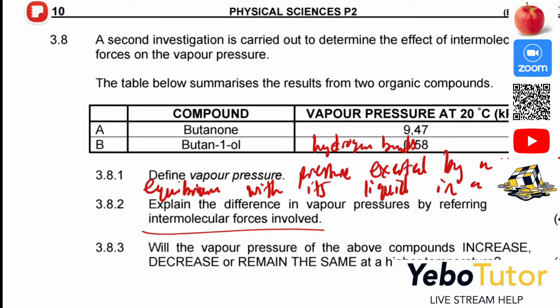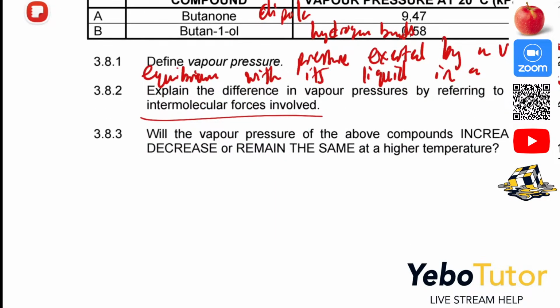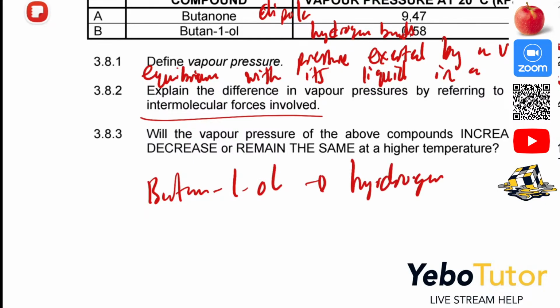Then this other one, the butanone, which is the ketone, this one is the dipole. First, let me write it down for you. So we can see that the butan-1-ol has hydrogen bonds. Then the other one, butanone, the ketone, is dipole.